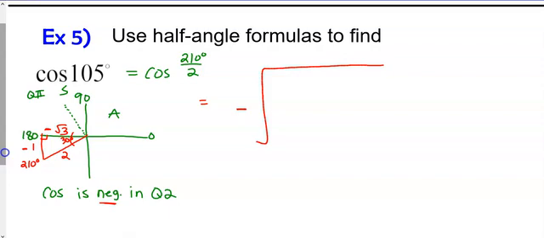And then the cosine half angle formula is, let me find that really quick, square root of 1 plus cosine of, in our case, 210, over 2.